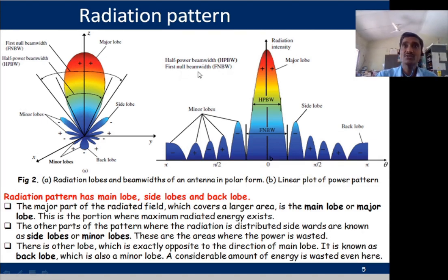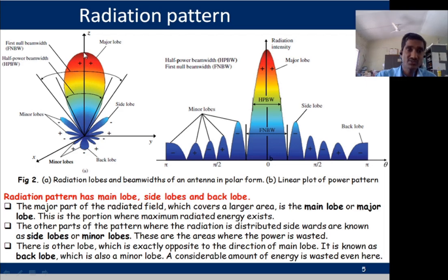The definition of the half power beamwidth is that it is an angular separation in which the magnitude of the radiated pattern decreases by 50% or minus 3 dB from the peak of the main lobe. So if you take the main lobe and it's 50% we are taking, or minus 3 dB.